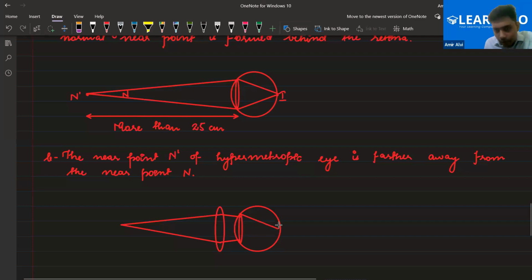And this light ray will get converged at the retina, like this.